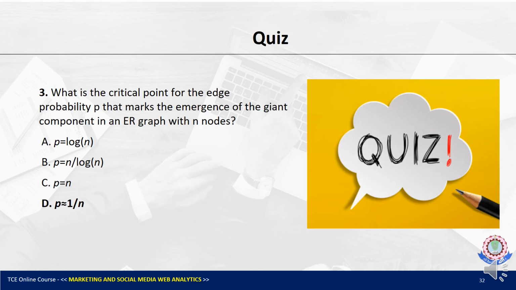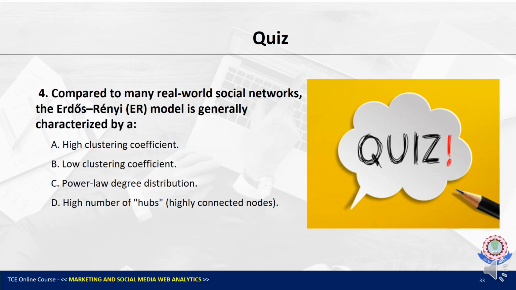This threshold marks the sudden emergence of the giant cluster. The fourth question is, ER networks are characterized by what? The options are high clustering, low clustering, power law degree distribution, many hubs. And the answer is low clustering. ER networks do not naturally produce triangles or group clusters.